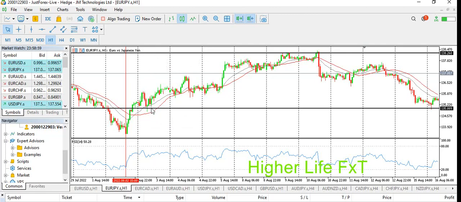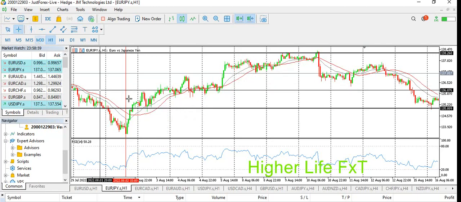So in this area, you are going to buy every time price is rejected in or near the support zone. And you are going to ride the trend up until price touches or is rejected near the resistance zone.